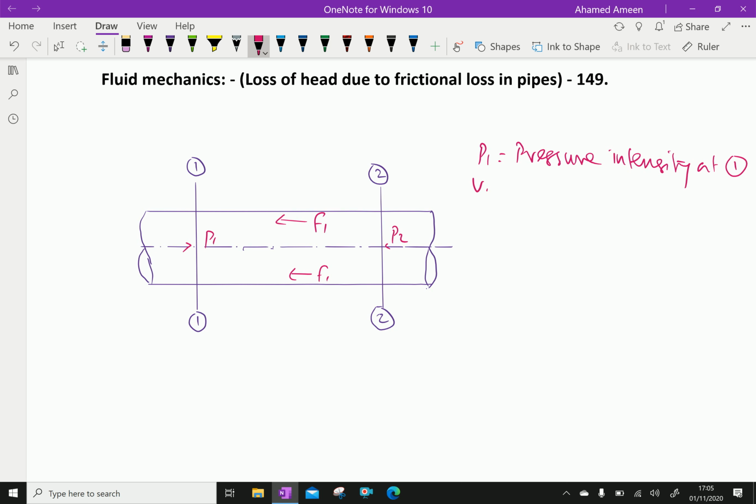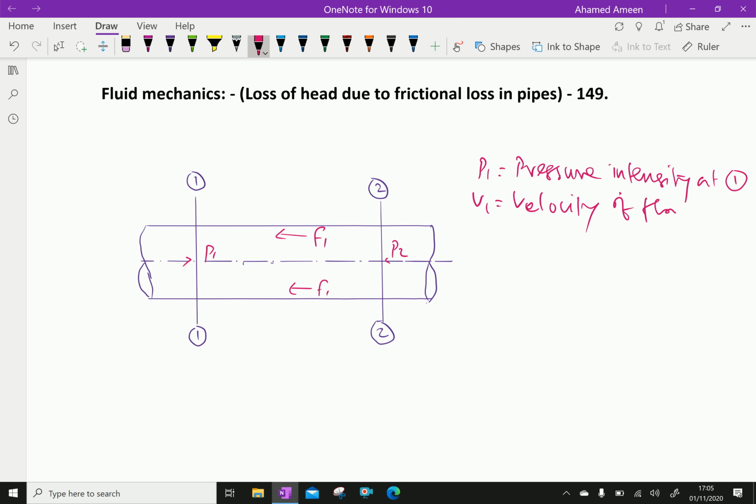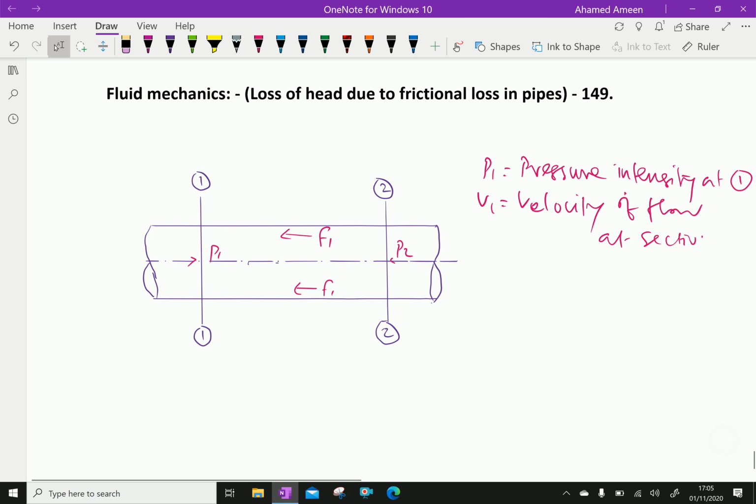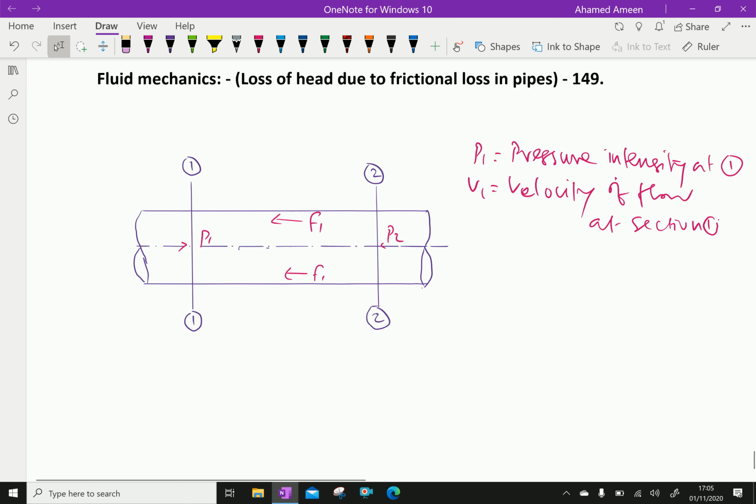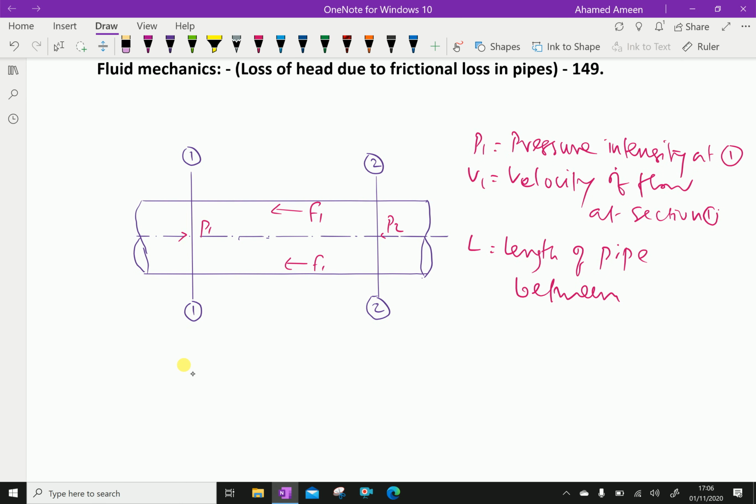V1 is the velocity of flow at section 1. L equals the length of pipe between section 1 and 2.